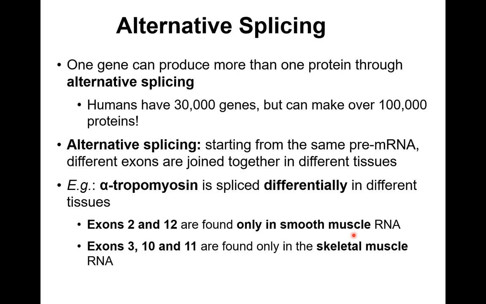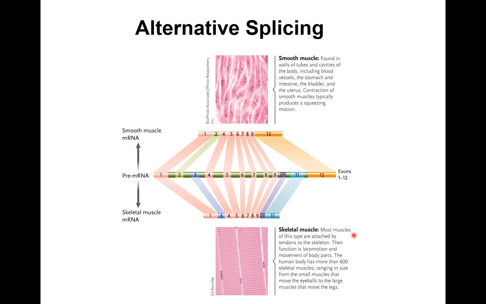Alpha-tropomyosin is transcribed in both of these tissues, starting from the same gene, and produces the exact same precursor mRNA in both cells. However, when it comes to post-transcriptional modification, in the smooth muscle the exons, here labeled as 1, 2, 3, 4, 5, 6, are joined together, skipping some of these exons.